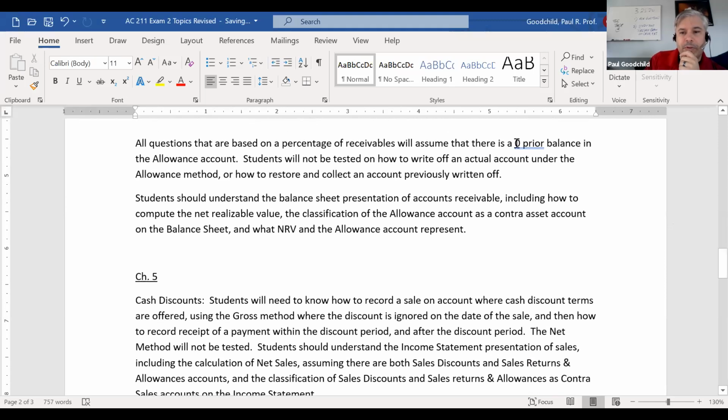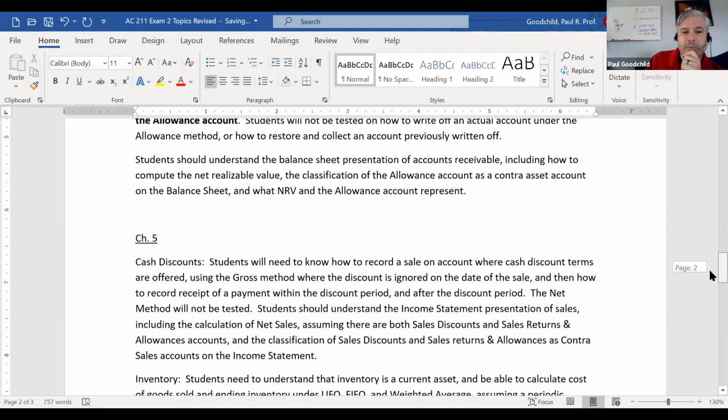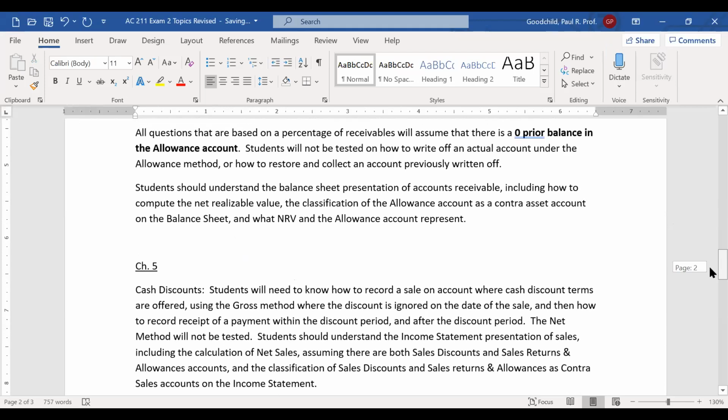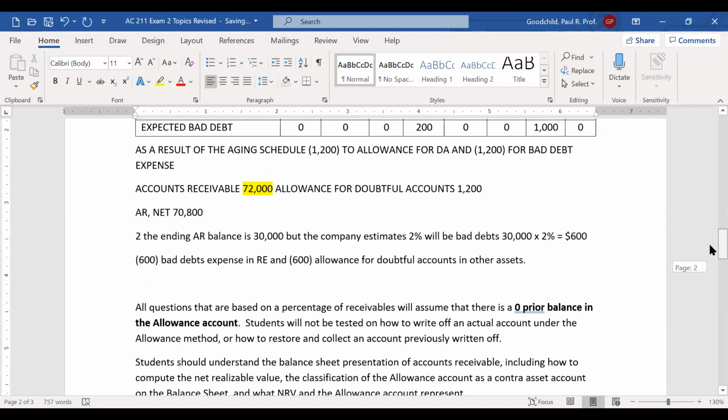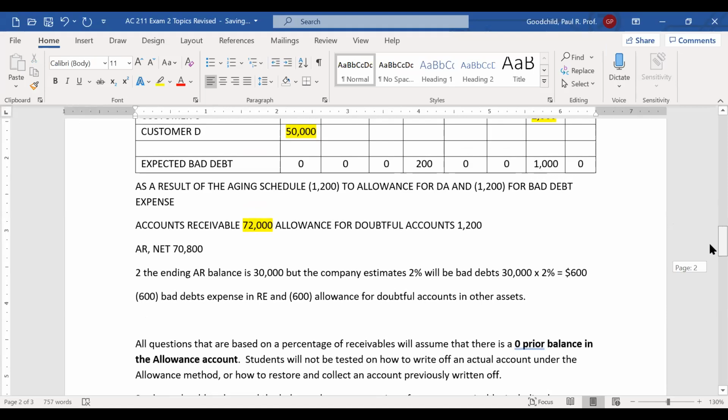And this is where it's important, 0 prior balance in the allowance. And you won't be tested on how to write off an actual account or how to restore collected or previous. So for that with the assuming 0 in prior balance, we would just basically do what you did when you subtracted the doubtful accounts from the accounts receivable, since we're assuming there's 0 allowance prior.